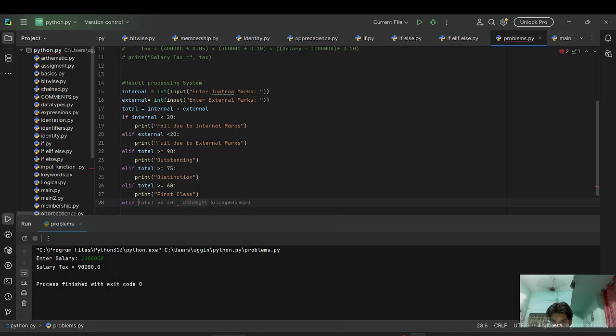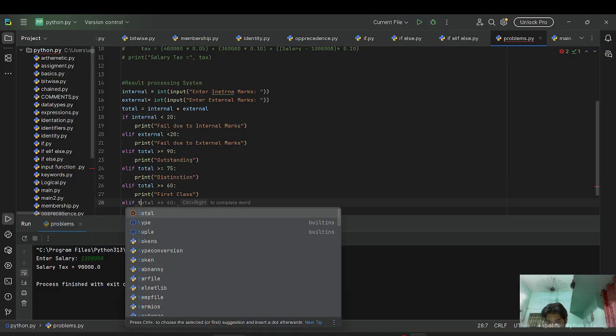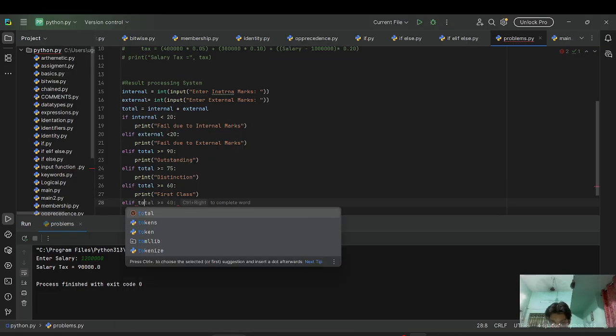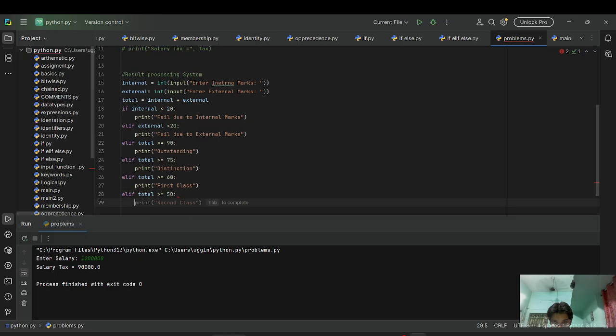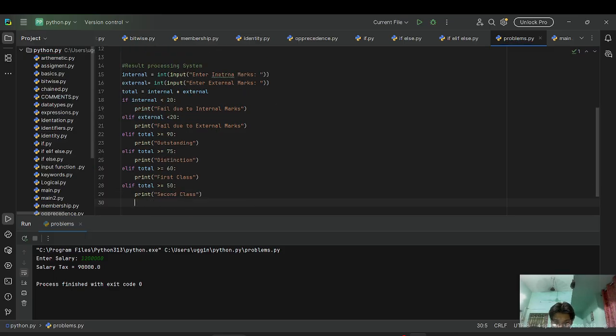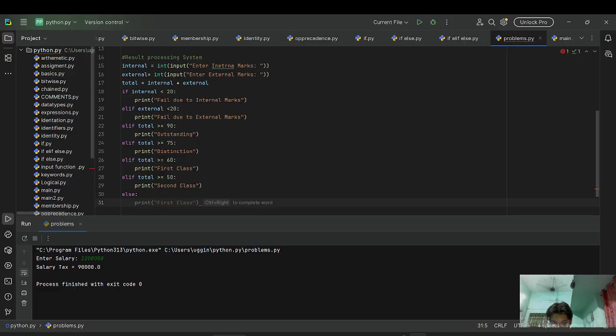And if total greater than or equal to 50, now let's print second class. Else the last condition is print fail.